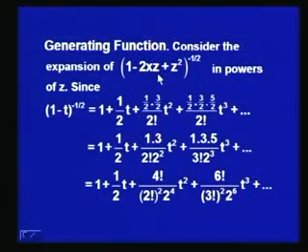Next we consider the generating function. We will see that 1 minus 2xz plus z square raised to the power minus half can be expanded as sigma n equal to 0 to infinity P n x into z to the power n. So the coefficient of z to the power n in the expansion of 1 minus 2xz plus z square raised to the power minus half gives us the Legendre polynomial P n x, and thus we can call this function the generating function.